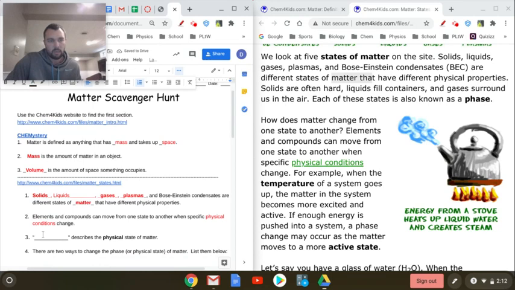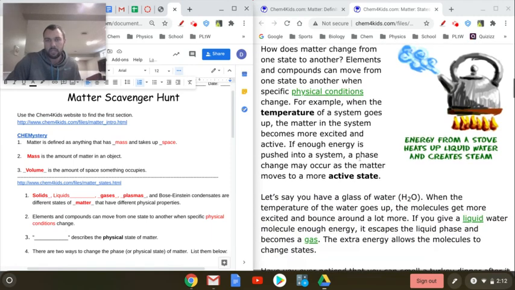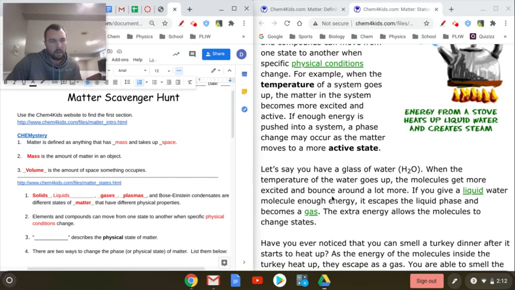All right, next. In quotations, describes the physical state of matter. For example, when the temperature of a system goes up, the matter in the system becomes more excited and active. If enough energy is pushed into the system, a phase change may occur as the matter moves to a more active state. Okay, that didn't quite answer. It describes the physical state of matter.